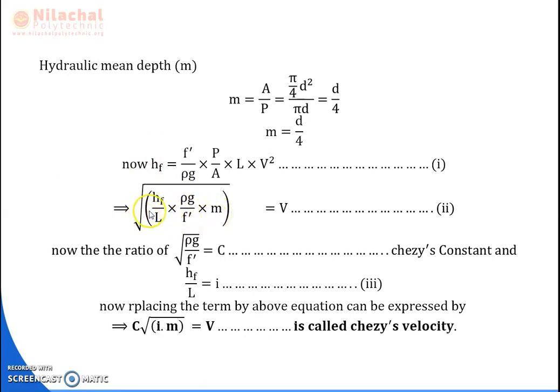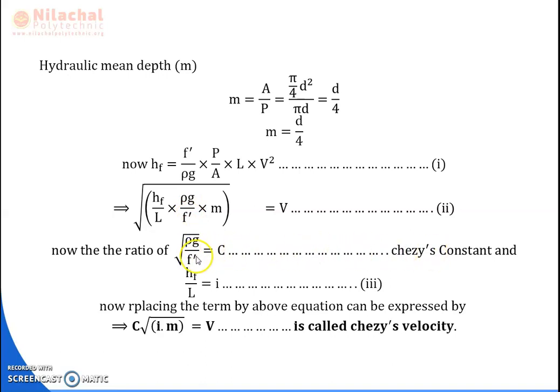We can separate this into square root of rho g by f dash into square root of m into hf by L. The loss of head due to friction per unit length is given as i, and square root of rho g by f dash is known as C, that is Chezy's constant.